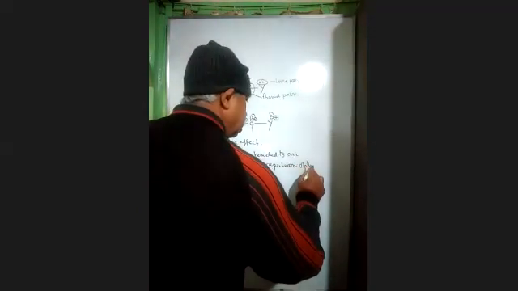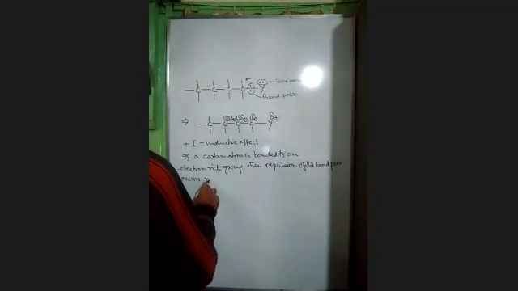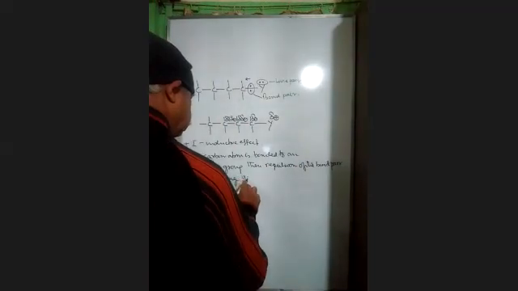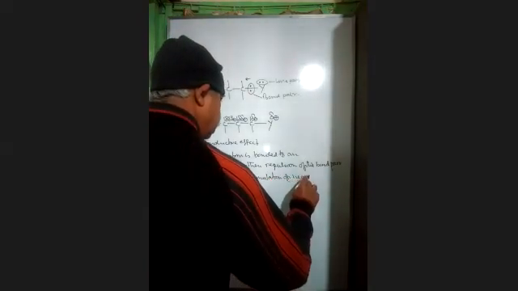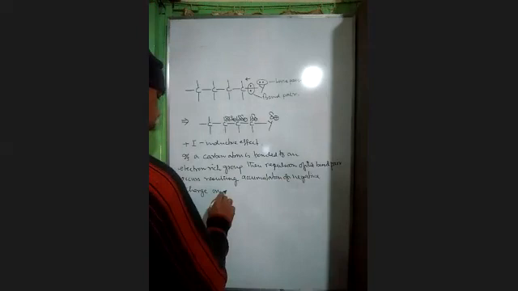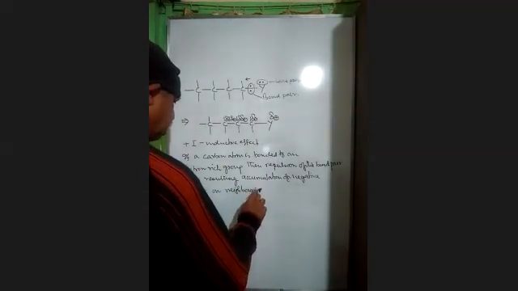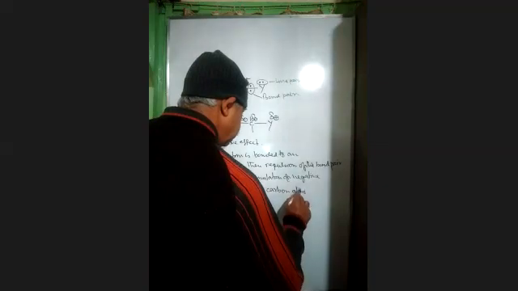Repulsion of the bond pair occurs, resulting in accumulation of negative charge on neighboring carbon atoms.